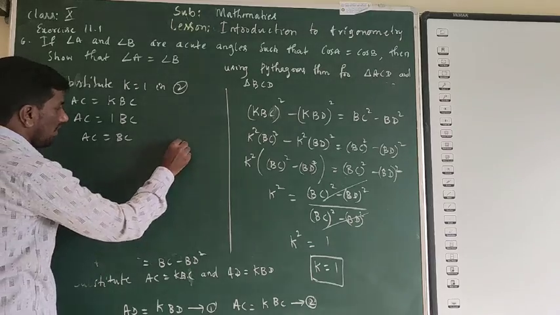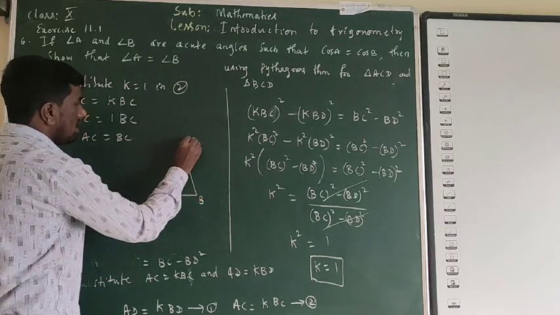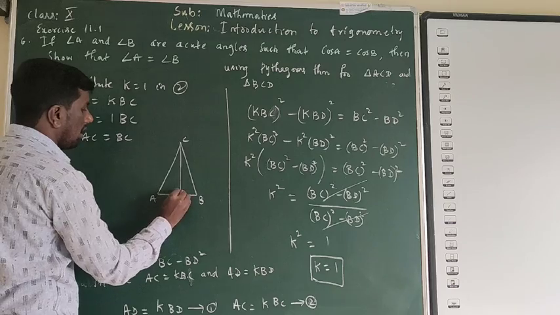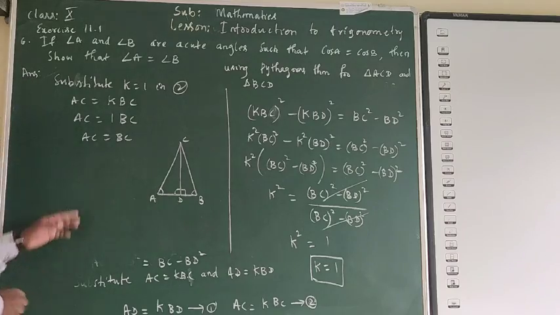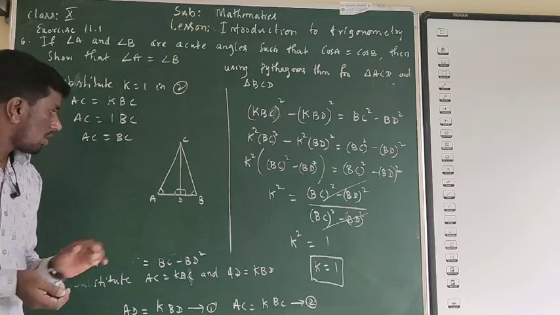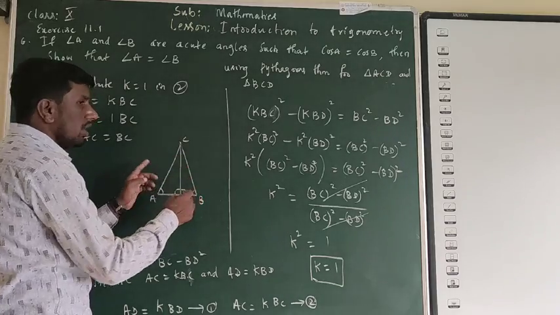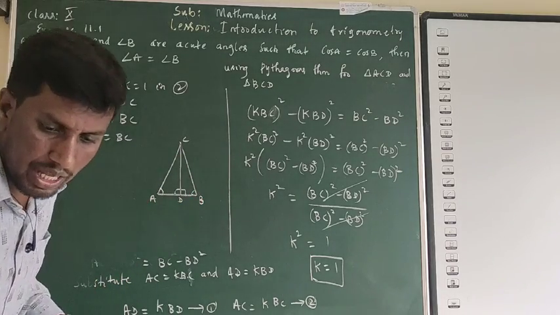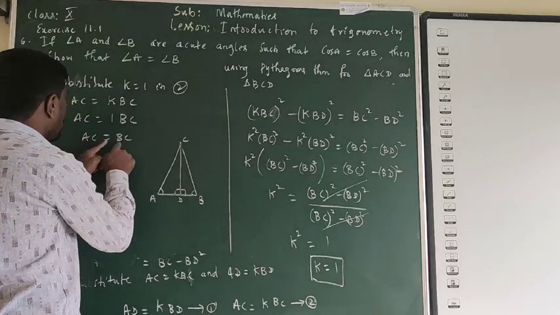So what is the triangle we initially had? We had a triangle ABC, and from C we have a perpendicular. So AC is equal to BC. What does it conclude? In the class we have studied that these are the sides AC and BC. Those two are equal.